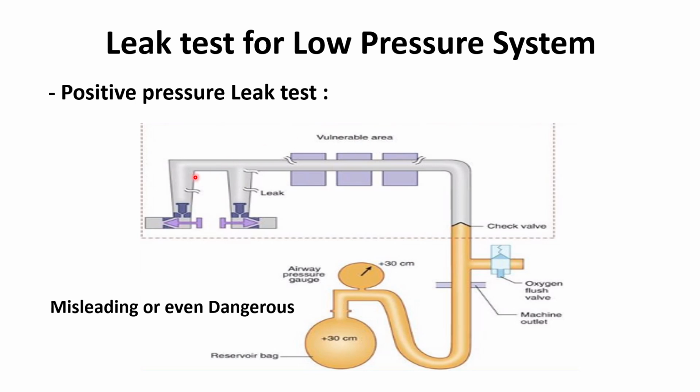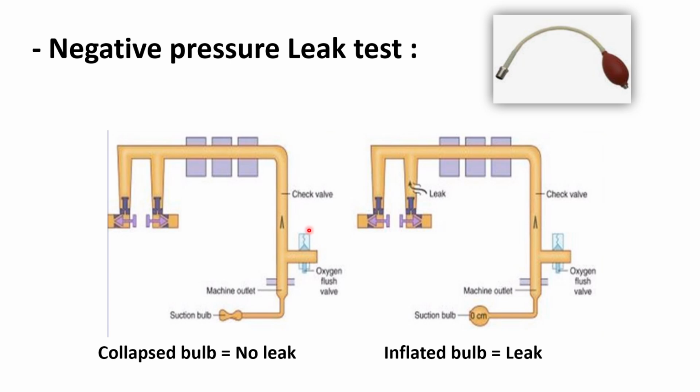in these areas, in this vulnerable area, which is even dangerous because we are not providing good oxygenation for the patient. For this reason, we have the negative pressure leak test, where we use this suction bulb and put it here at the common fresh gas outlet.